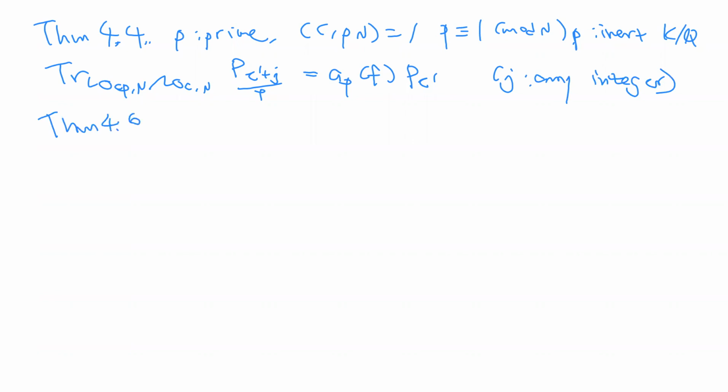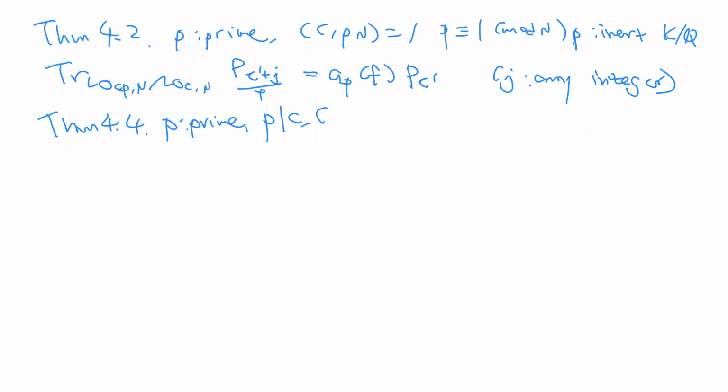Actually, this was 4.2. This is 4.4. Now, again, say P is a prime and so on. This time, say P divides C. P divides the conductor.